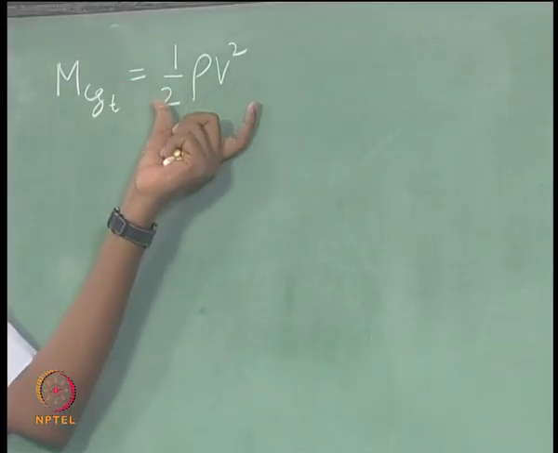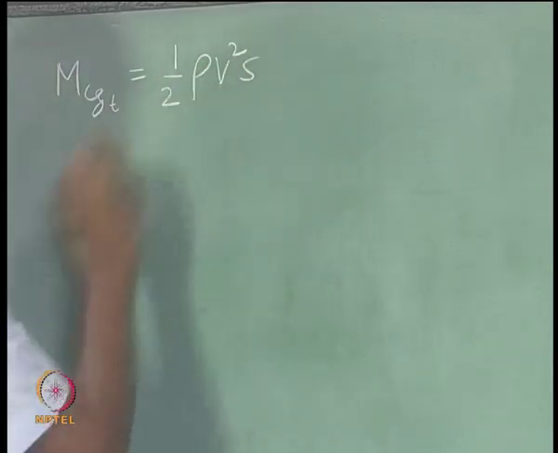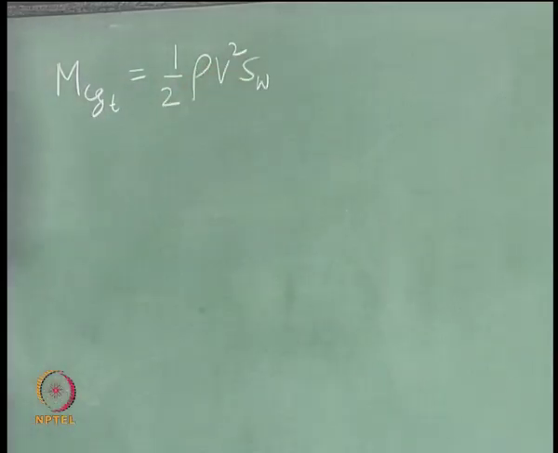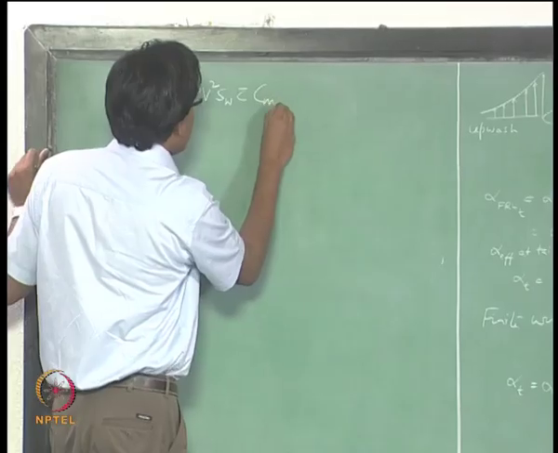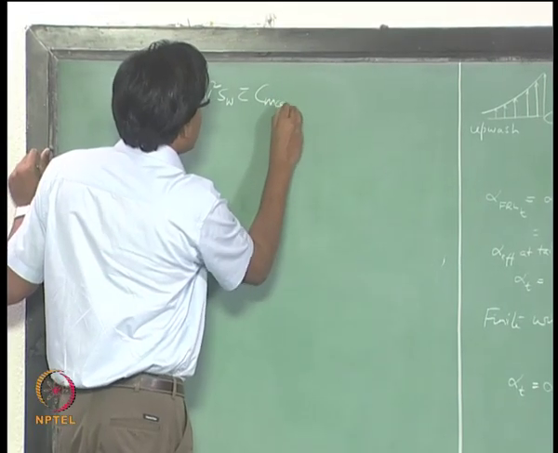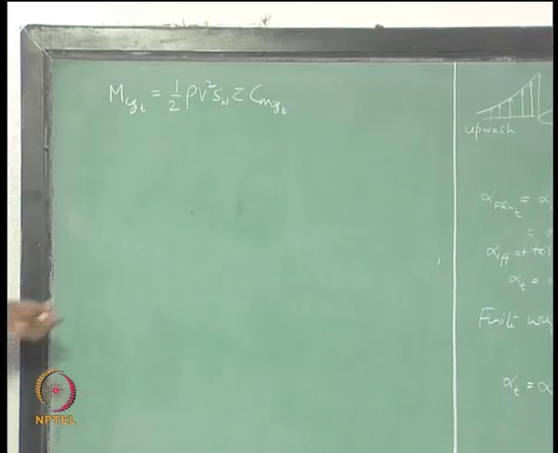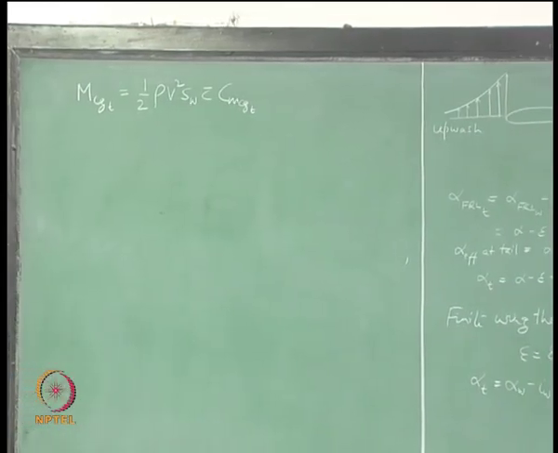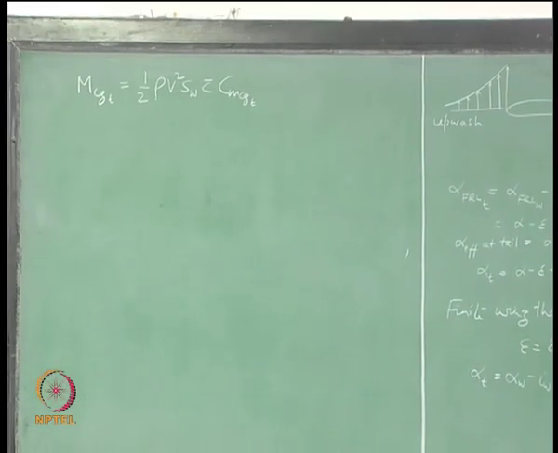So, half rho V squared S_W C bar, which is the mean aerodynamic chord of the wing, and Cm Cg tail, right? Is it clear?